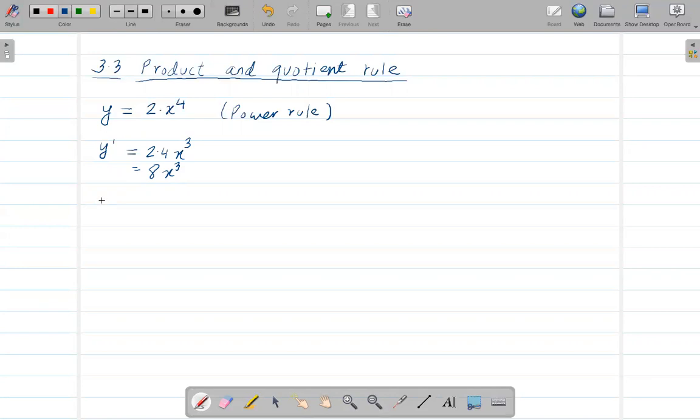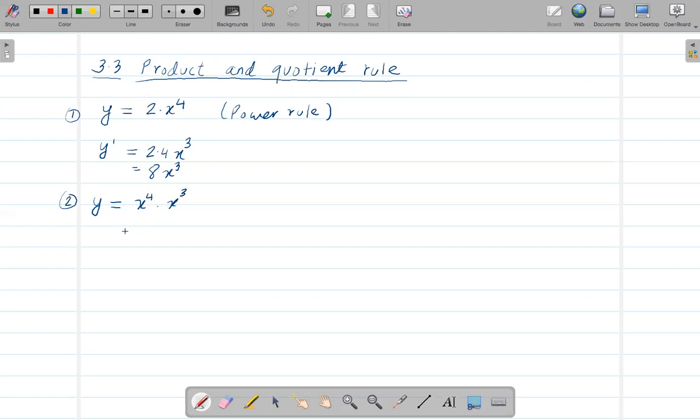Similarly, let's say we have y equals a function with again two terms in terms of x. Now there are two variables, right? Before, one was a number and one was a variable, but here both of these terms have the variable x.